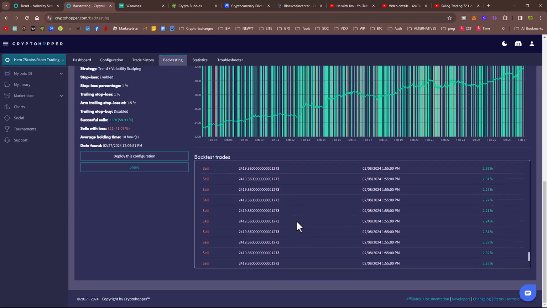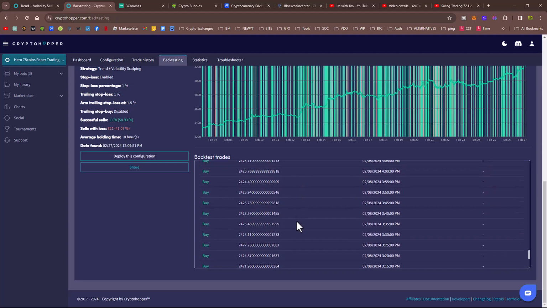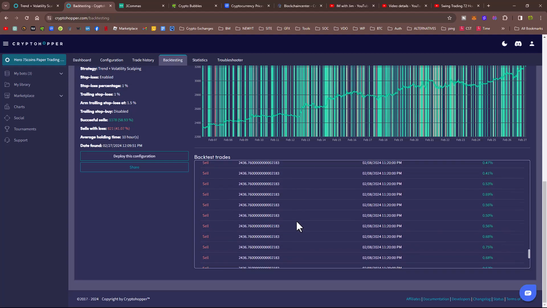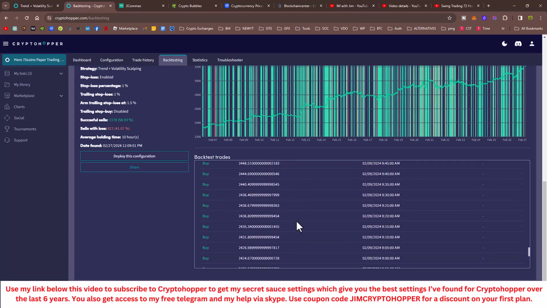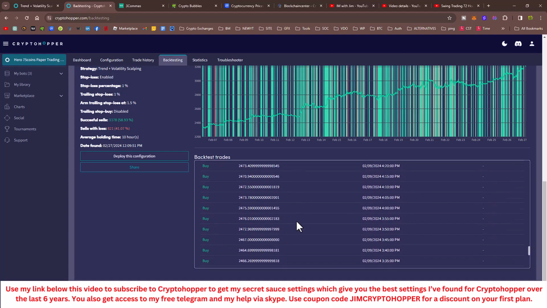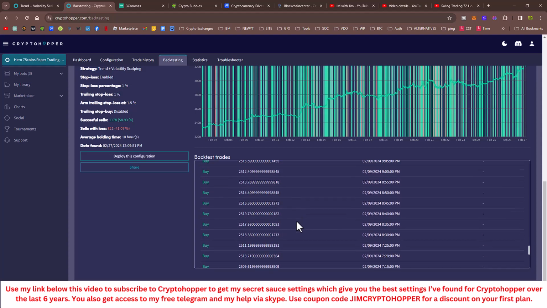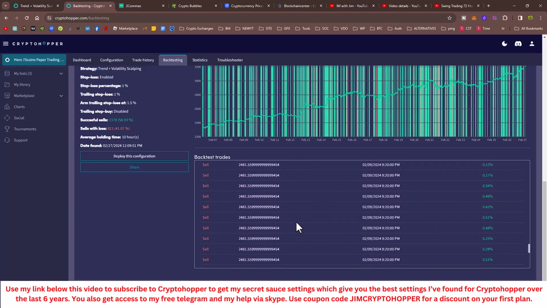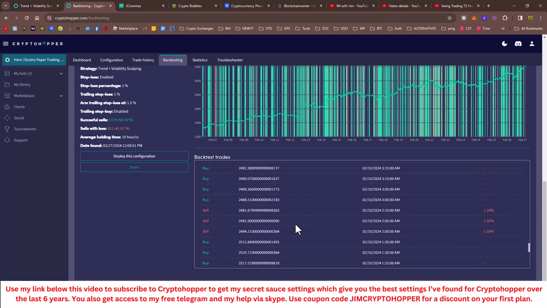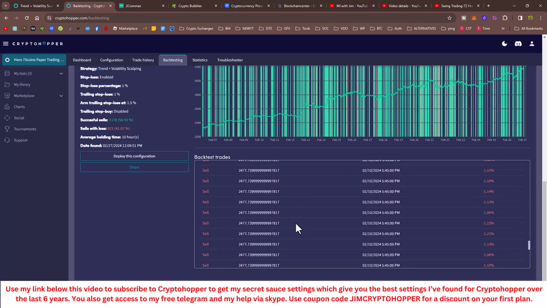So this is how you find and backtest a strategy, guys. It's not difficult, but it is a bit time consuming. You could use this for hours testing strategies, because you're only testing one coin at a time. You'd have to work your way down the list of coins that you're using, choose the right time period to backtest, and use the right settings for that strategy.